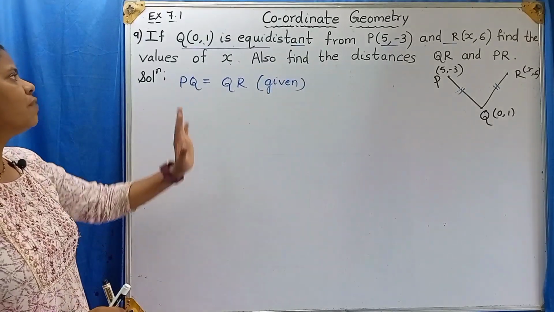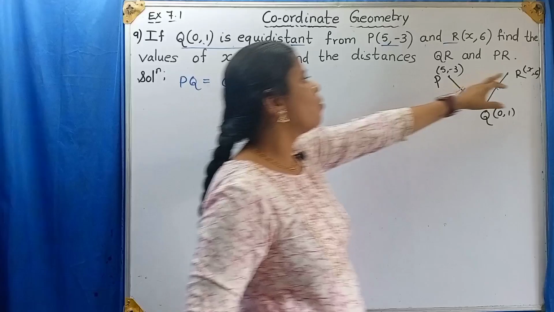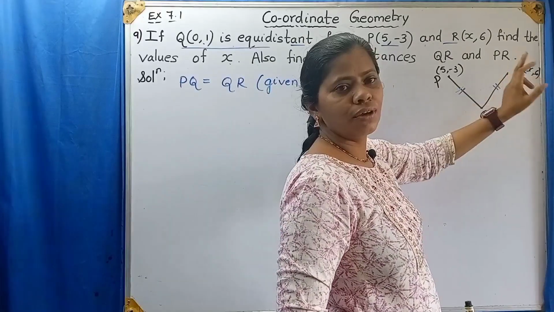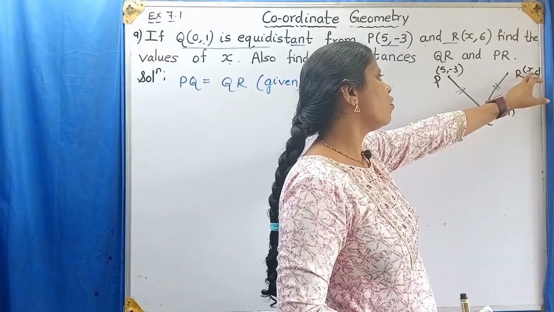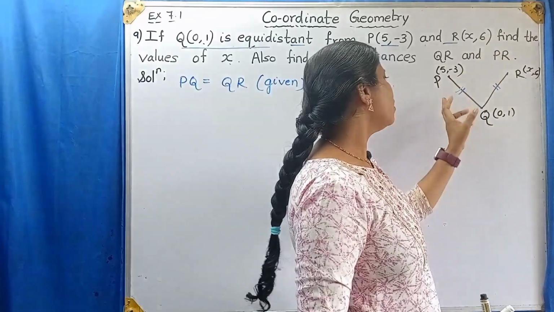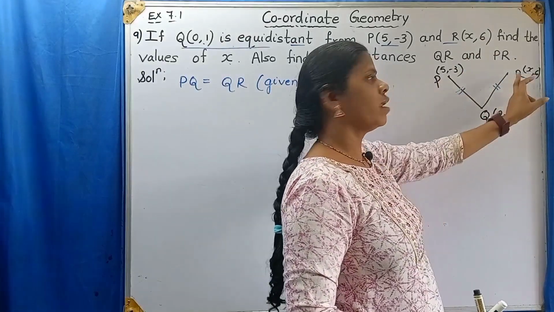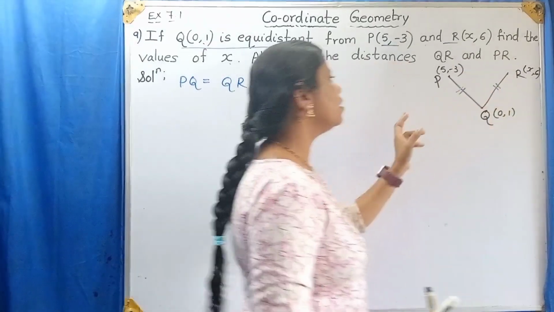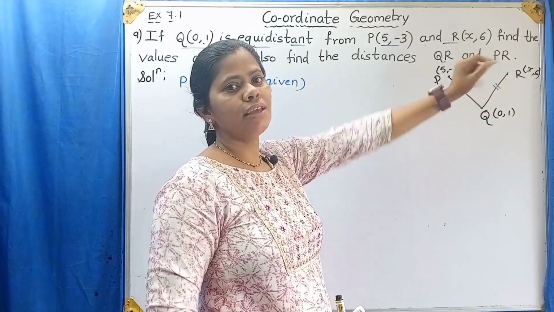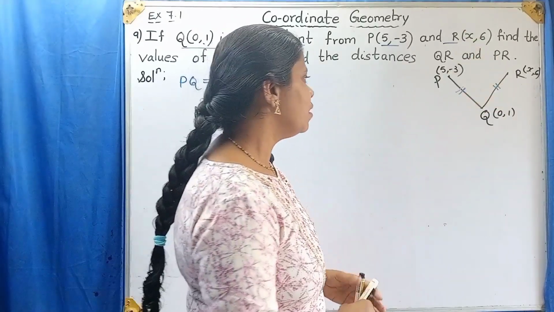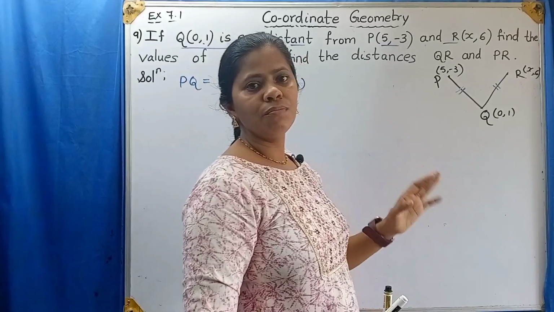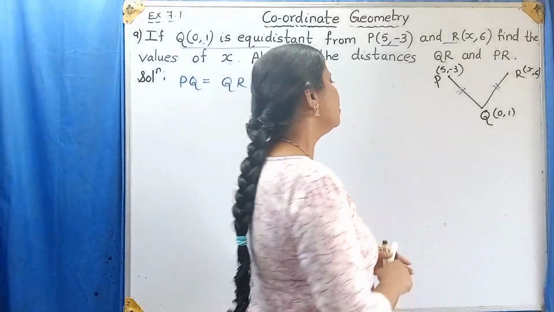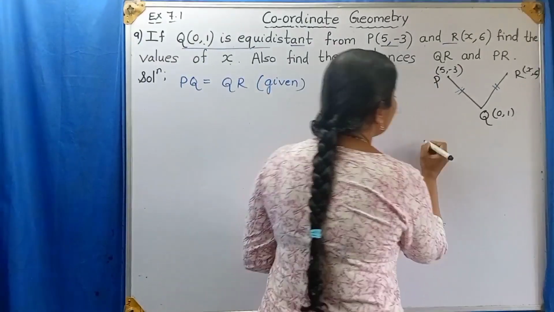See, first we have to find out the x coordinate. How do we find this x coordinate? Since we know the condition PQ is equal to QR, by using this condition we can find out the value of x. To solve this we must take the help of the distance formula between two points.